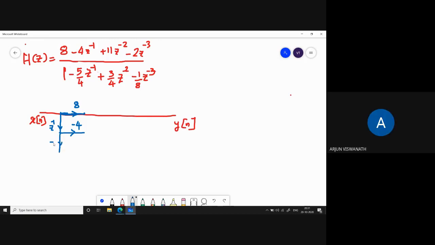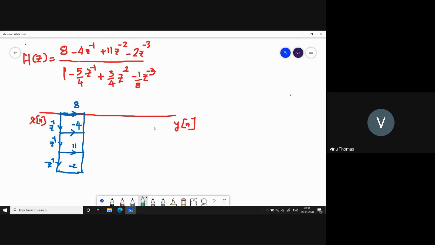Then this z raised to -1 is to be multiplied by 11. And finally, this is to be multiplied by -2. And then we add this all up. So here we get the implementation of the numerator.